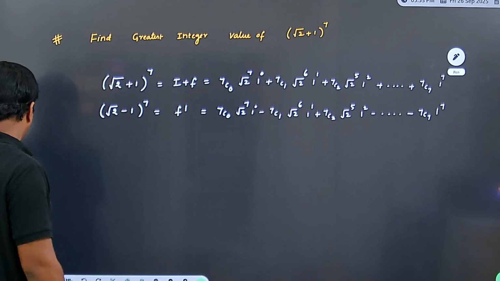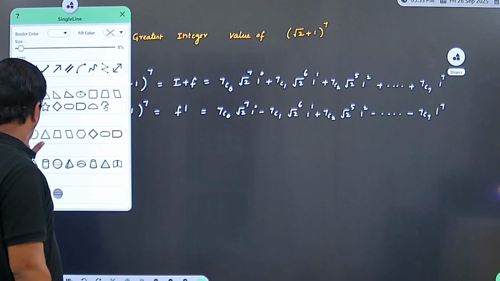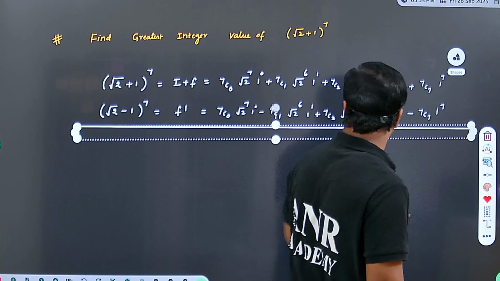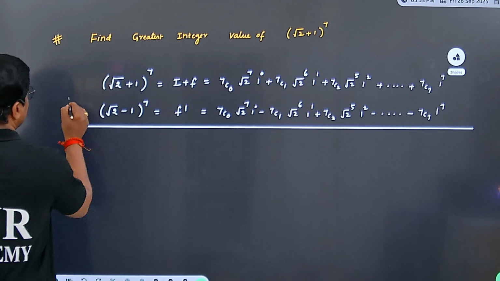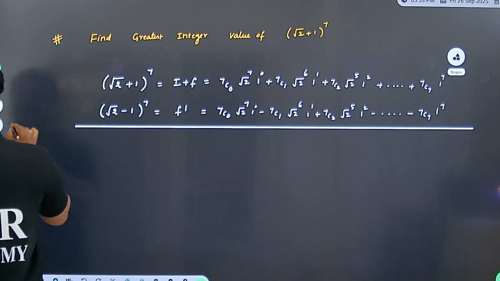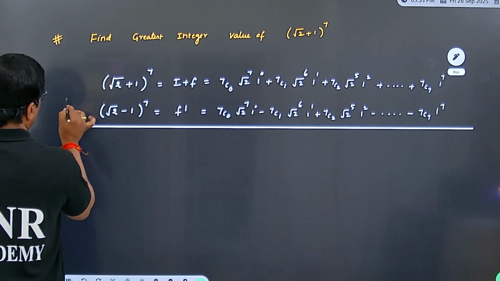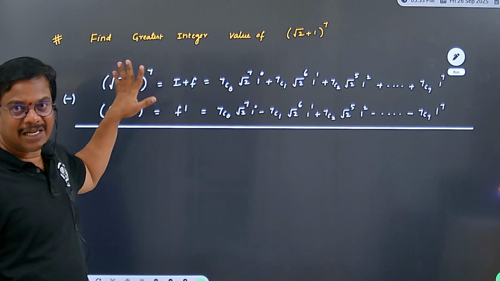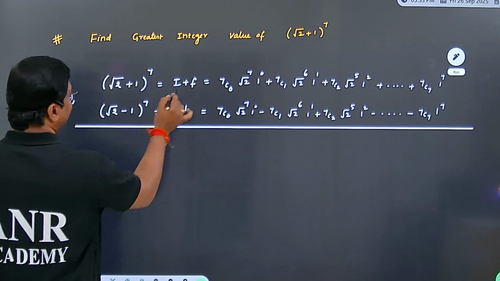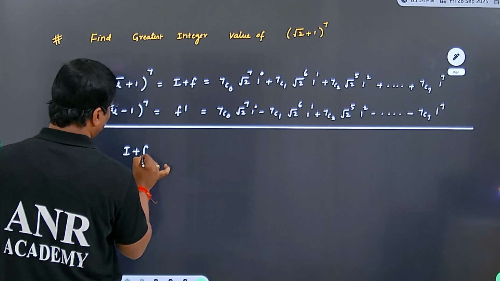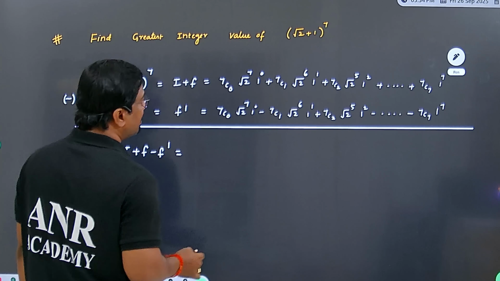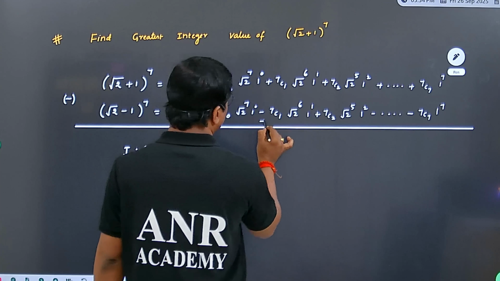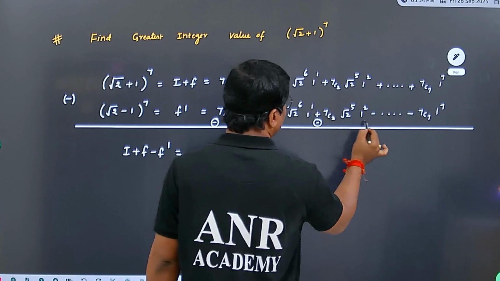Now I am going to subtract. Yes, on subtraction, observe what we get. Here the exponent is an odd number, so I am going to use the second result. In the second result, I plus f minus f dash becomes, on subtraction, the minus sign with the plus sign, the plus with the minus sign, and so on.